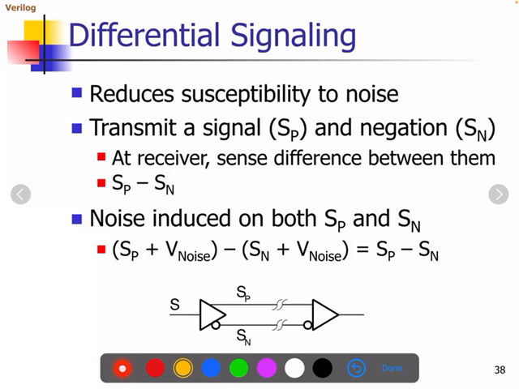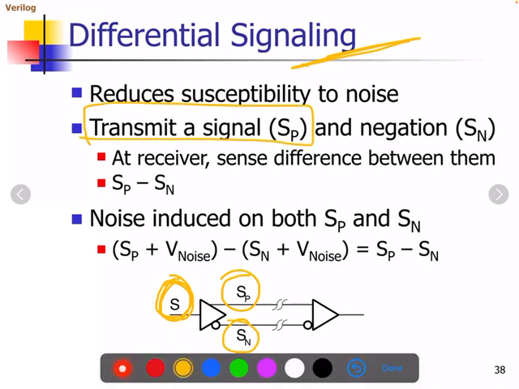Next is differential signaling. What is differential signaling? We have to transmit the signal, and at the receiver side we need to be able to recover the original signal by nullifying the effect of noise. That is what differential signaling is. The technique used here is to transmit the original signal SP along with its negation called SN.